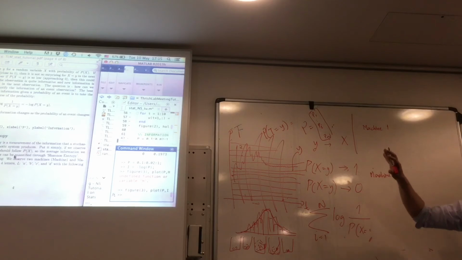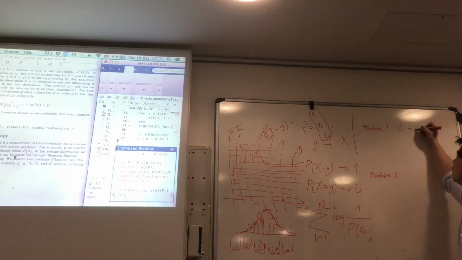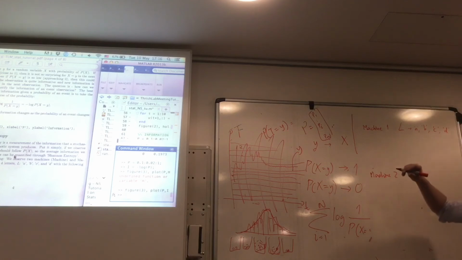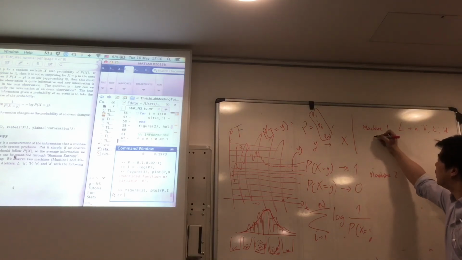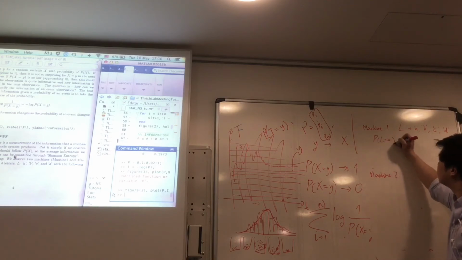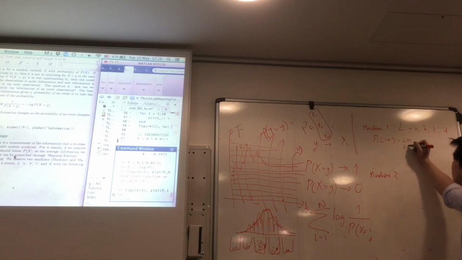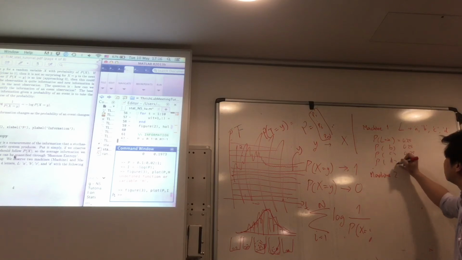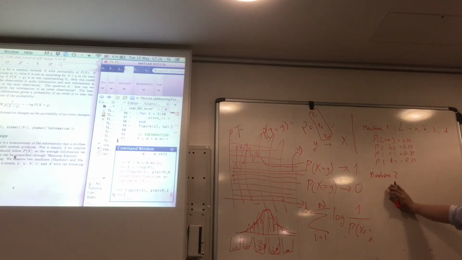Both machines are capable of producing 4 letters: A, B, C, and D. The probability of machine 1 producing A is 0.25, and likewise for B, C, and D. For machine 2, the probability of producing A is 0.5, B is 0.125, C is 0.125, and D is 0.25.